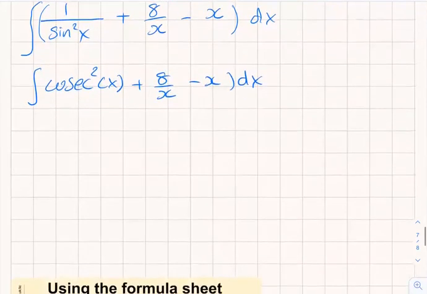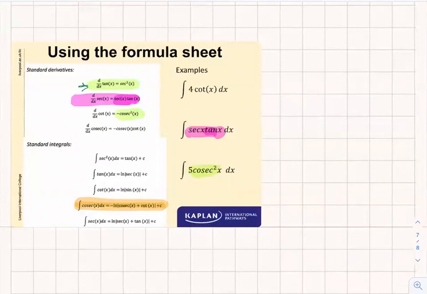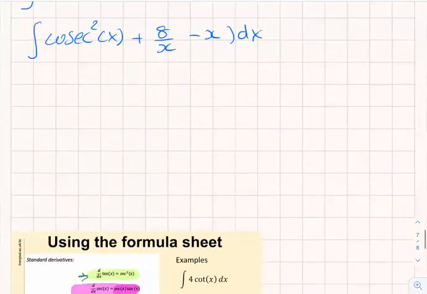Right. Do we have anything in the formula sheet about the cosecant squared? We look here, cosecant squared, we do have something. d over dx of cot equals minus cosecant squared. So therefore the integral of the cosecant squared is minus cot x.